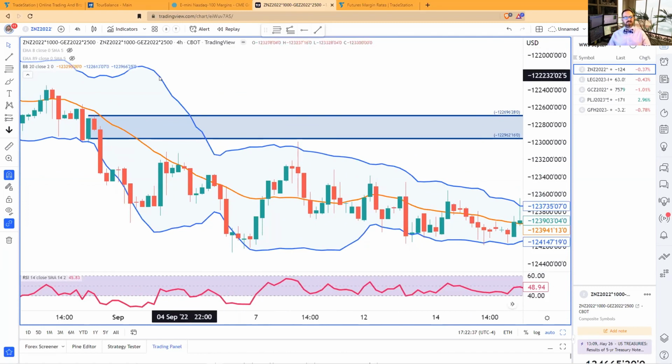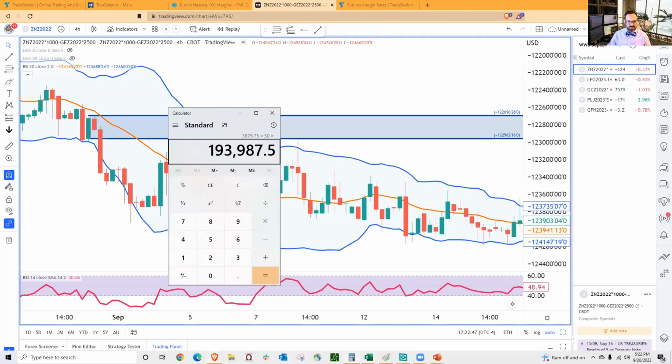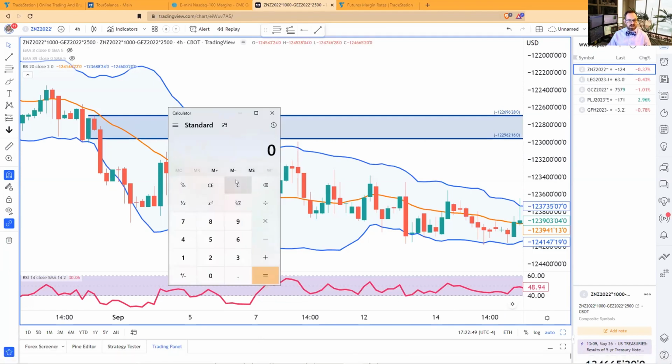The nice thing about doing it the way I'm doing it here with the notional value is it's very easy to figure out what the profit is on that trade. Basically, if I was getting in at 122, let me bring up the calculator here. It was 122,978. And the target, if we hit the bottom band right here, I did this wrong.